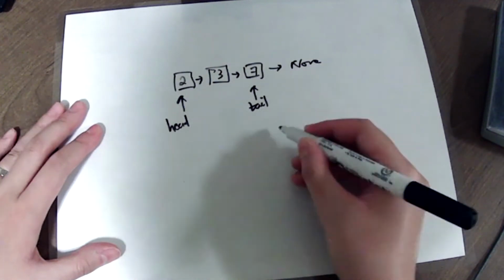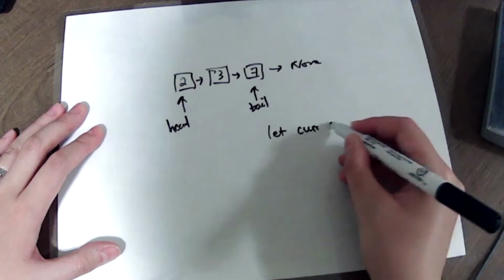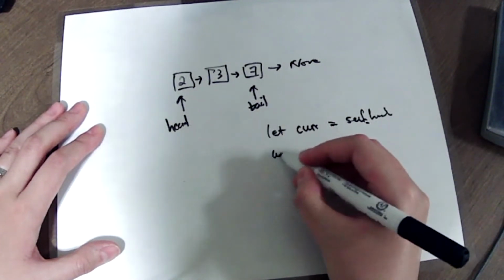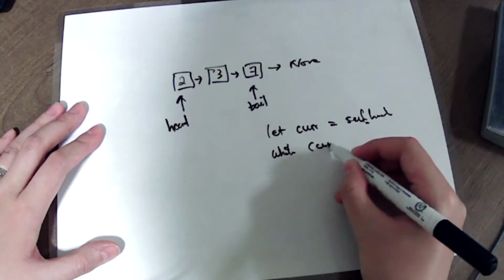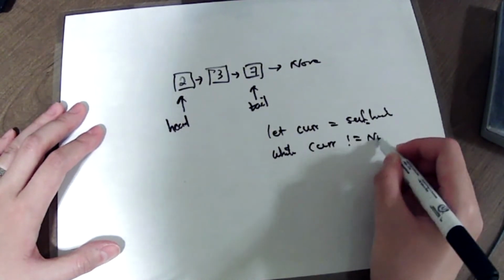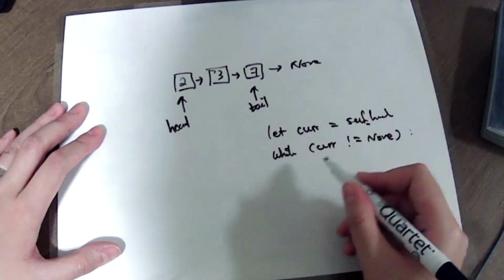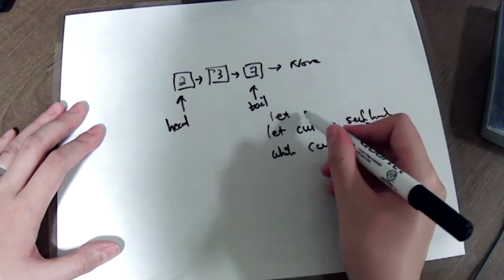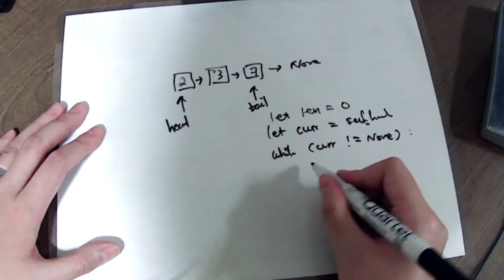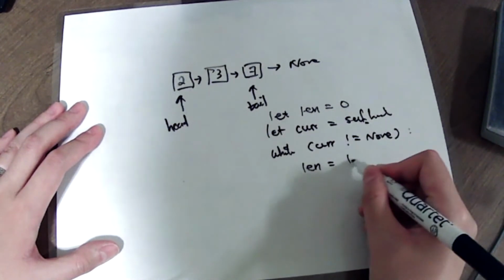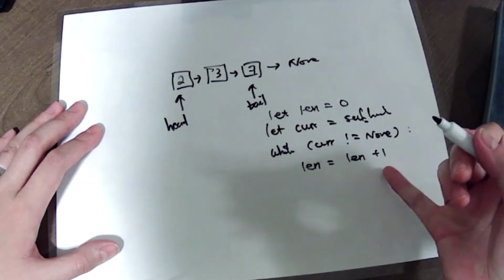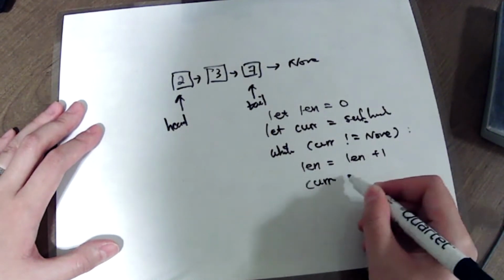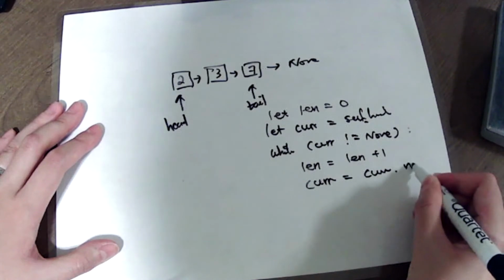Let cur equal self.head, and then while cur is not equal to None, we do, oh, I forgot this, len equals 0. So I do len equals len plus 1. So I increment this length value, and I also change the cur value into cur.next.